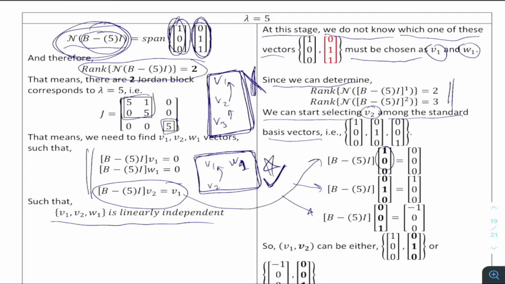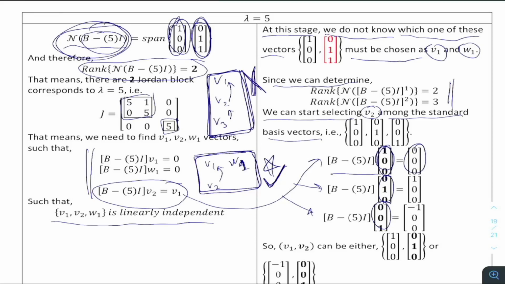Here this is a candidate v2, another candidate v2, and another candidate v2, and we check the results, and this is 0. Since this is 0, v2 cannot be e1.